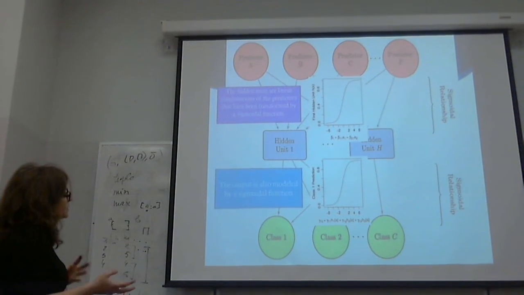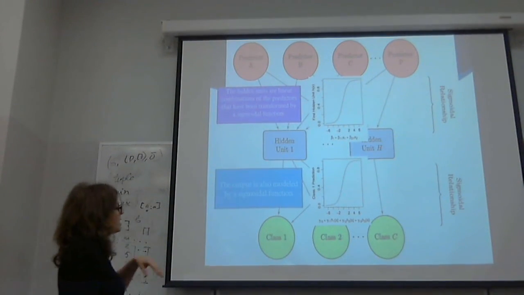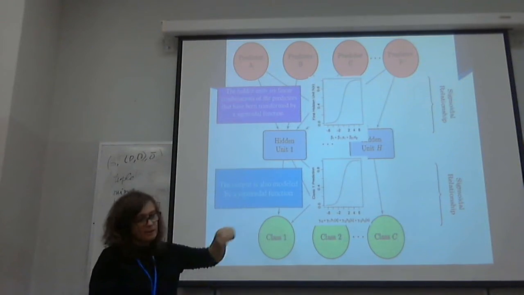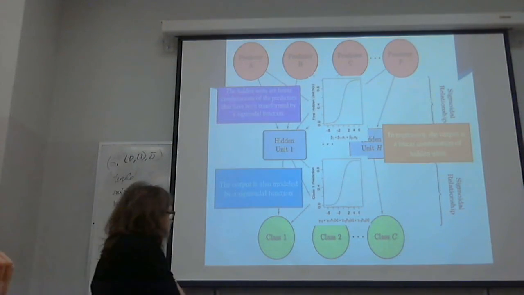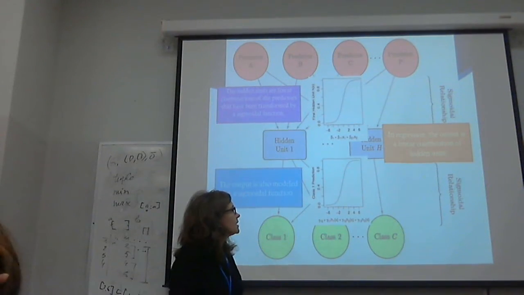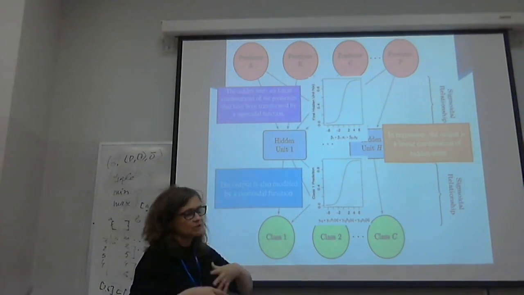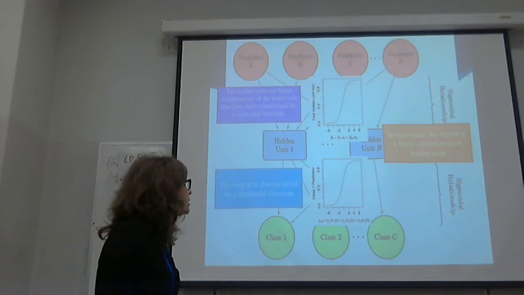The difference with classification is that the output is also modeled by a sigmoid function, meaning we scale variables and put them to values that are easy to manipulate and ascribe probabilities. That's how the probabilities are obtained in the neural network.